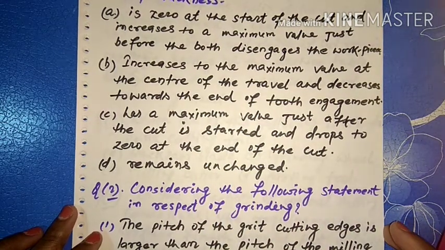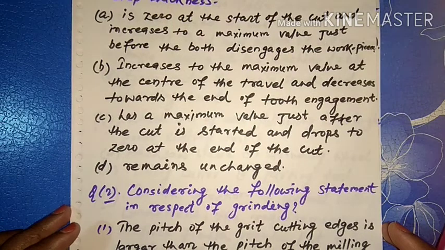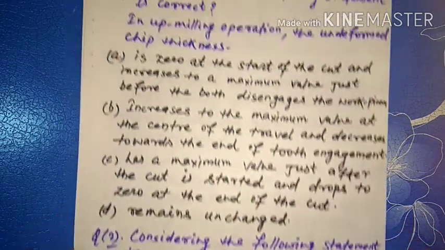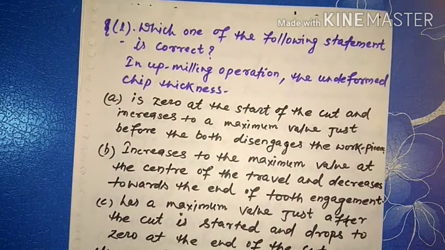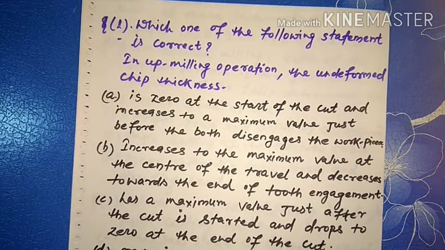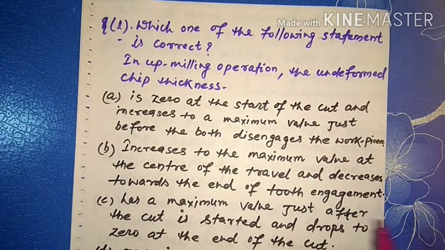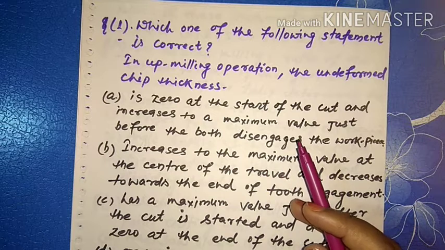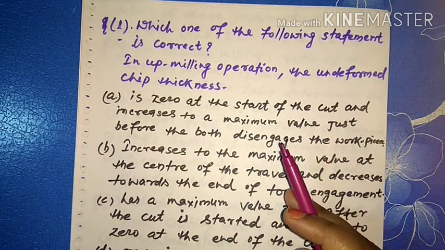So friends, the question here is an up milling question, and we know that in case of up milling operation the undeformed chip thickness is 0 at start of operation.